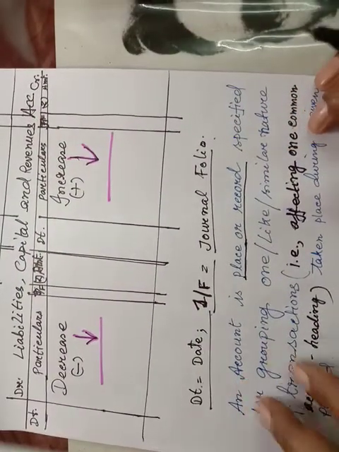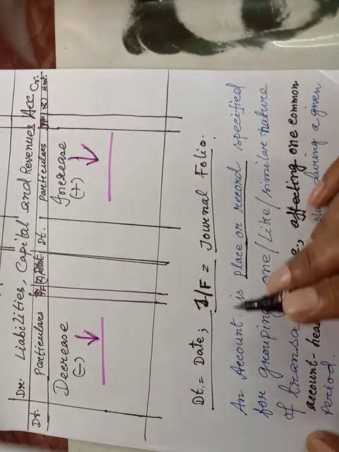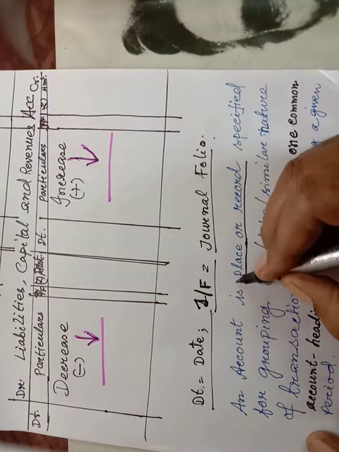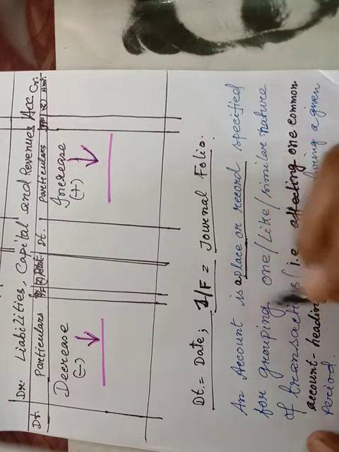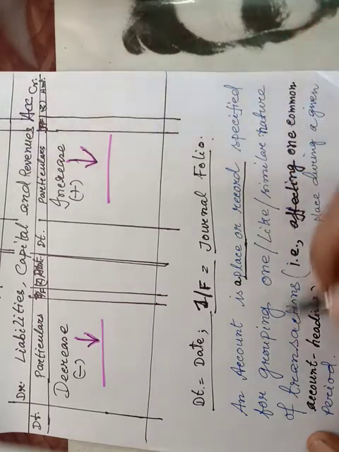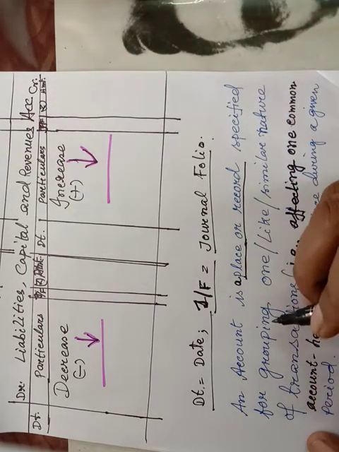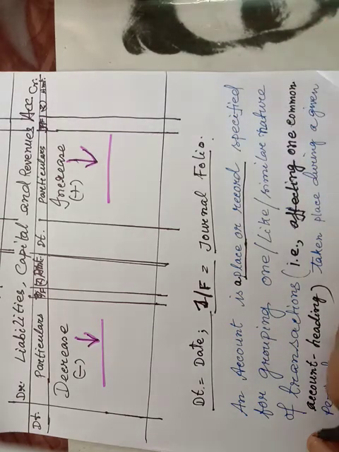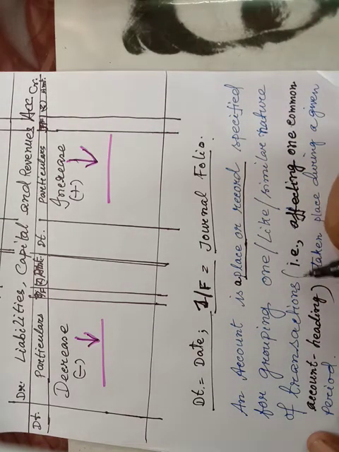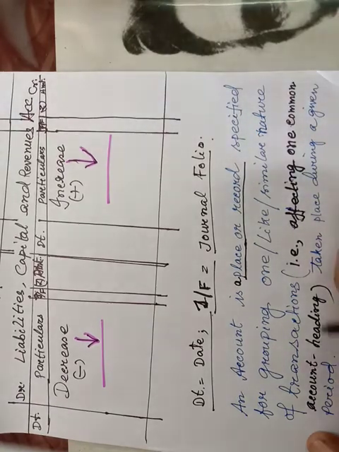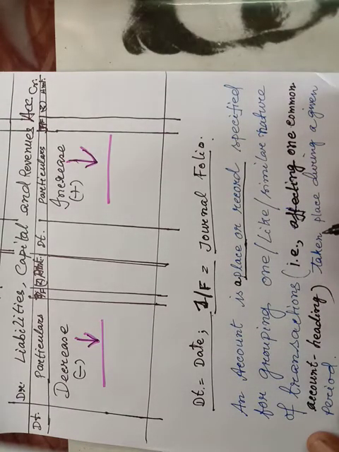Again I have written here, an account is a place or record specified for grouping one or like or similar nature of transactions, similar nature meaning affecting one common account heading, taken place during a given period.